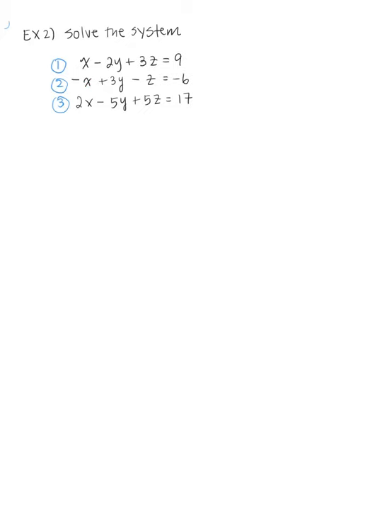I'm going to write every step out. As a side work, I'm just going to do 1 plus 2. Here we get x minus 2y plus 3z equals 9, and negative x plus 3y minus z equals negative 6.